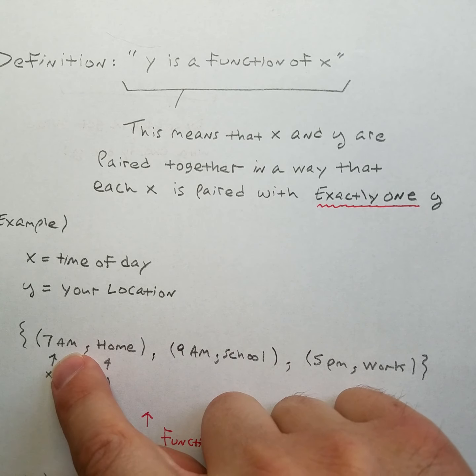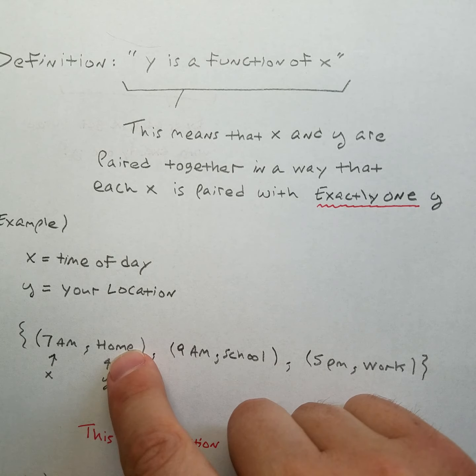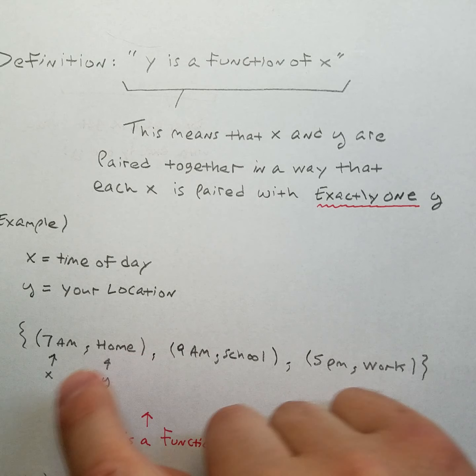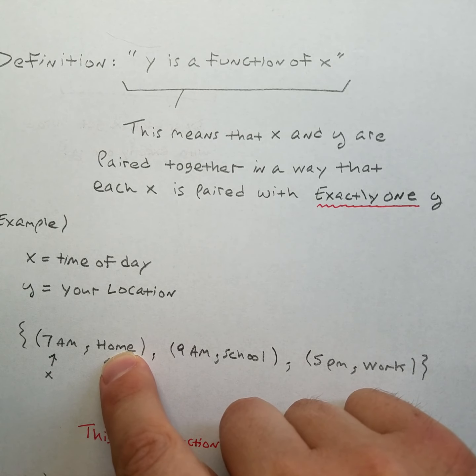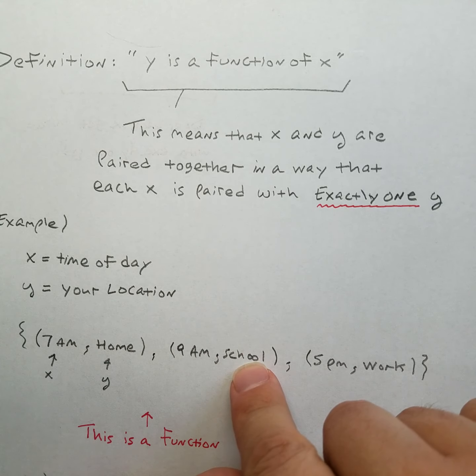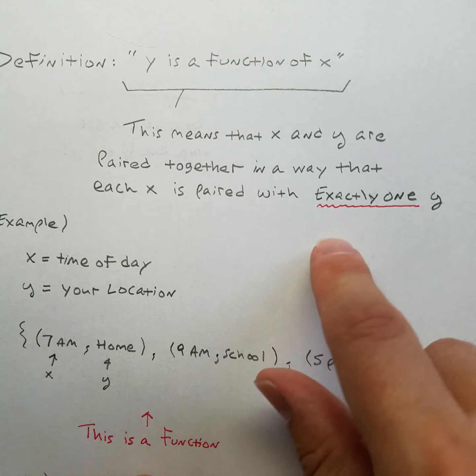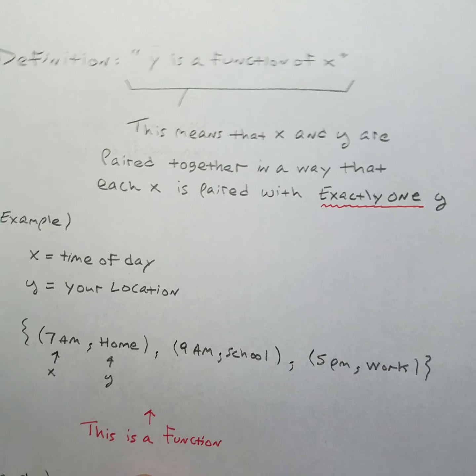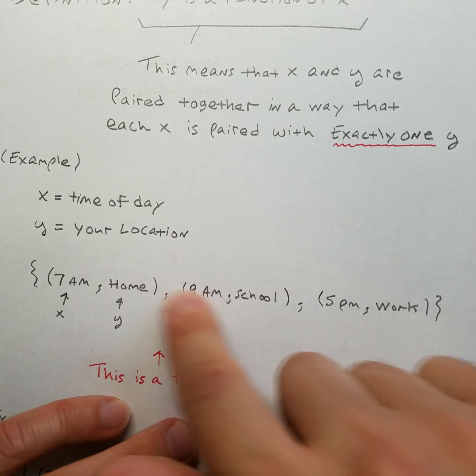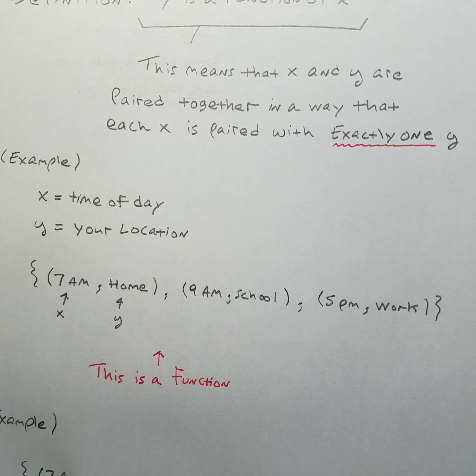Does 7 a.m. get paired with two different y's, like home and also school? No, here every x gets paired with exactly one y. So if I'm given something like that, it's a function.